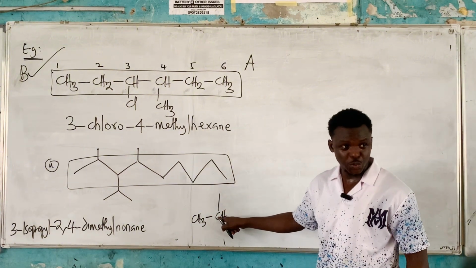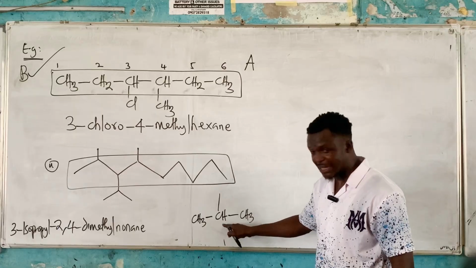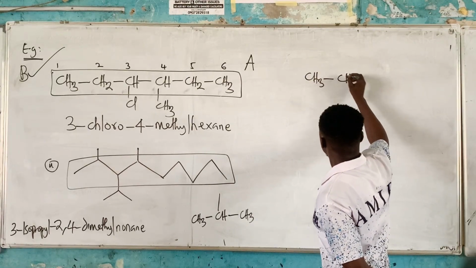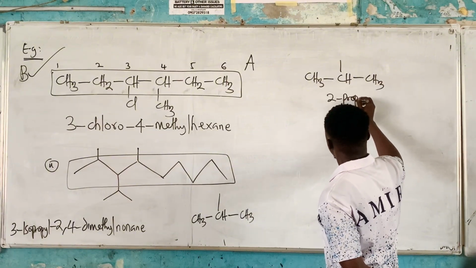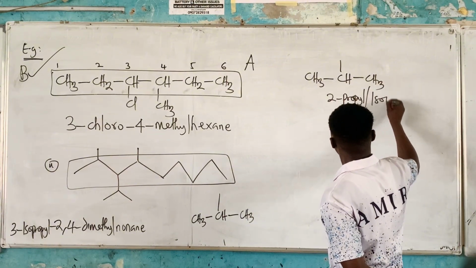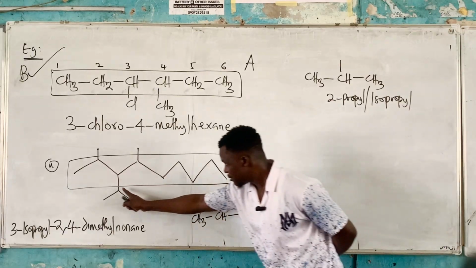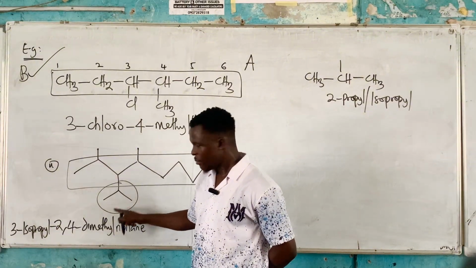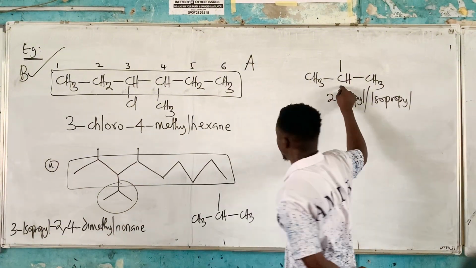Remember, position 2, I told us, right? This is this other guy. So this particular stuff, this CH3, CH, this is 2-propyl or isopropyl. Please, this stuff is isopropyl. Because if you interpret this from this skeletal form to normal form, this is what we are going to have.